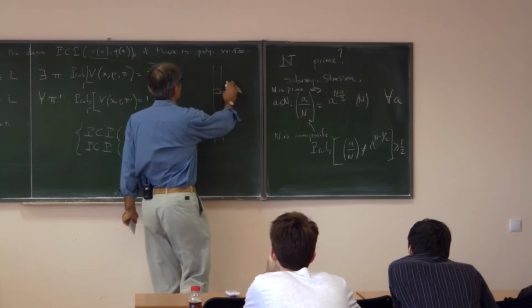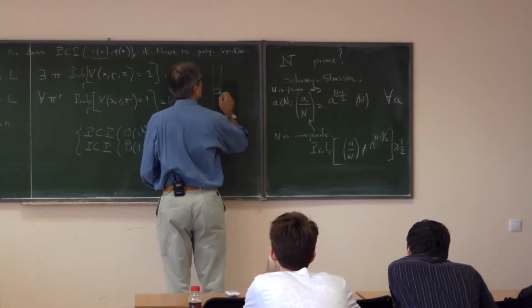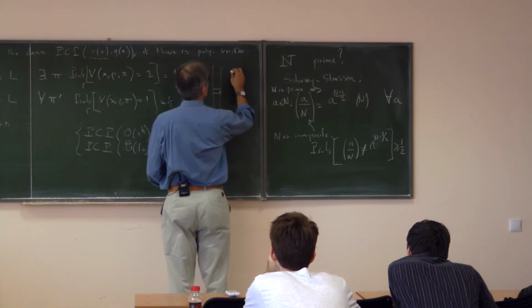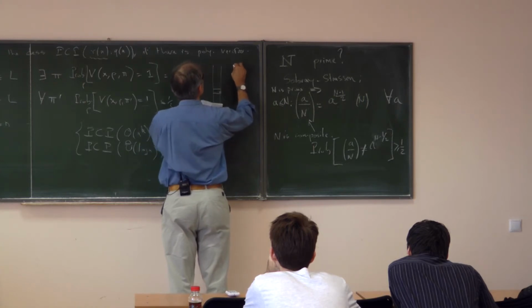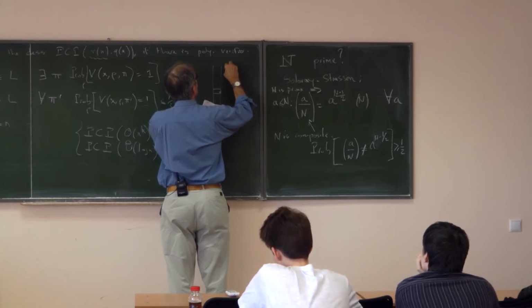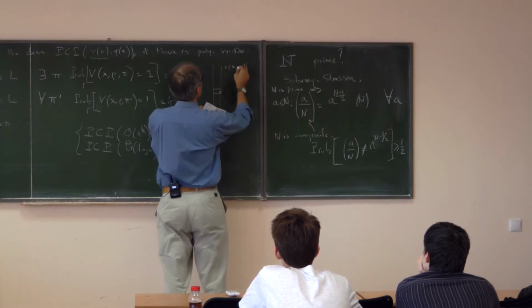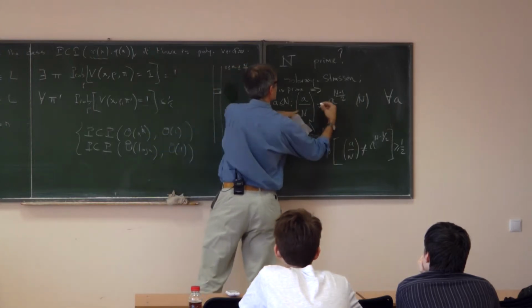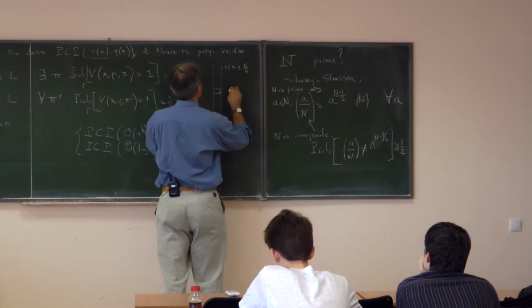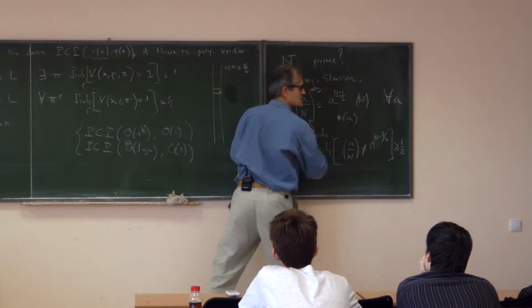You're going to enumerate all the a's between 2 and n over 2, and then for each a, you compute this. Let's call this equation star of a.